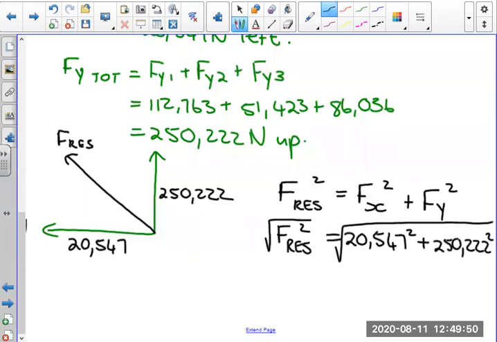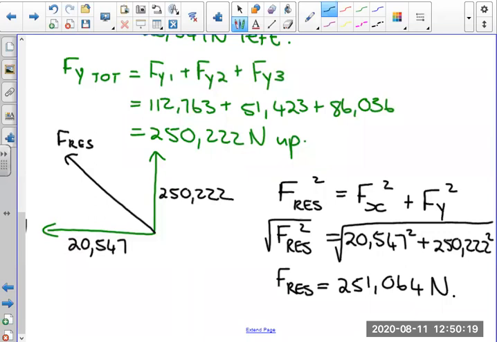So I'm going to get a resultant or net force that has a magnitude of 251,064 newtons. Okay, so that would be the magnitude. But we just talked about vectors and scalars. A vector has a magnitude, that's what I worked out, and it has a direction.